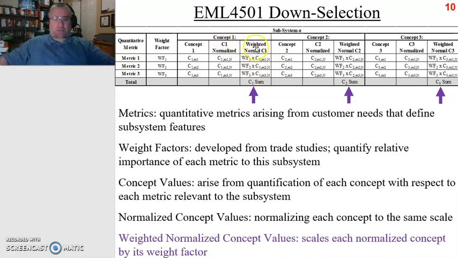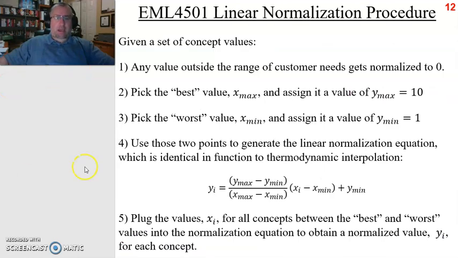And if one or two of these zeros get summed into the final sum, these concepts, even if they're strong in a lot of other areas, are not as strong as the concepts that do not have 0, that have actual values from 1 to 10 in this normalized column. Therefore, for the most part, any of the concepts that fall outside of the range of the customer needs, because you've put that 0 in for the normalized value, get thrown out. This is the stage in the process where that happens.